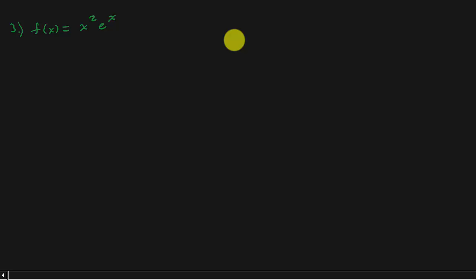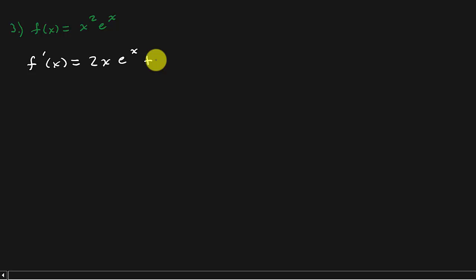All right, so how about this one? Another product rule. So my first function is x squared. My second function is e to the x. So I've got f prime x is the derivative of the first function, which is 2x, times the second function, plus the derivative of the second function.